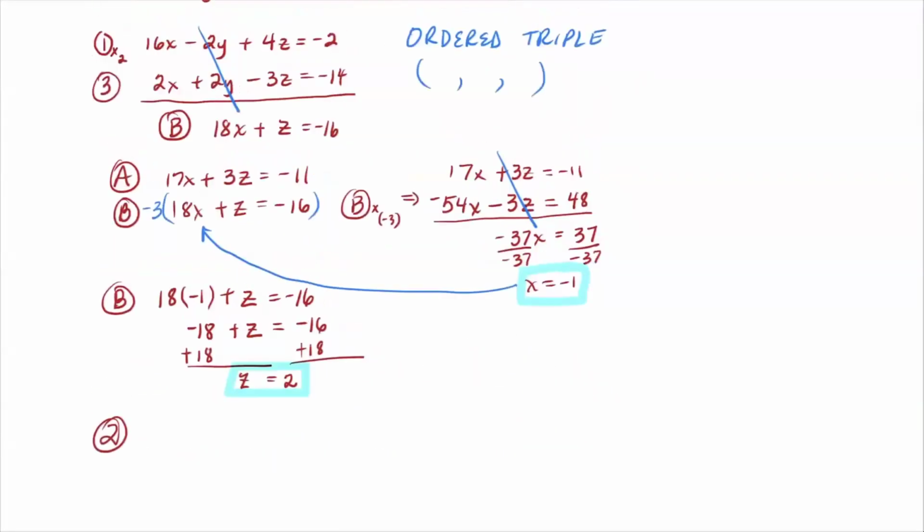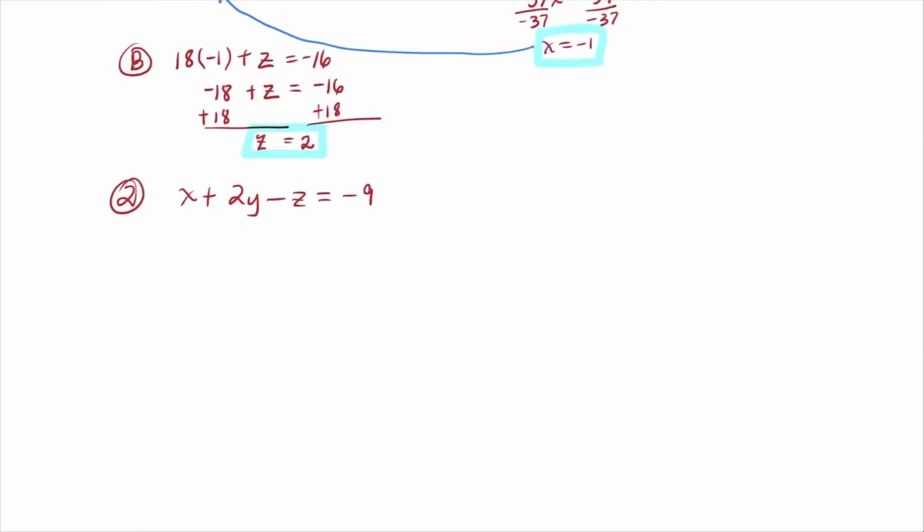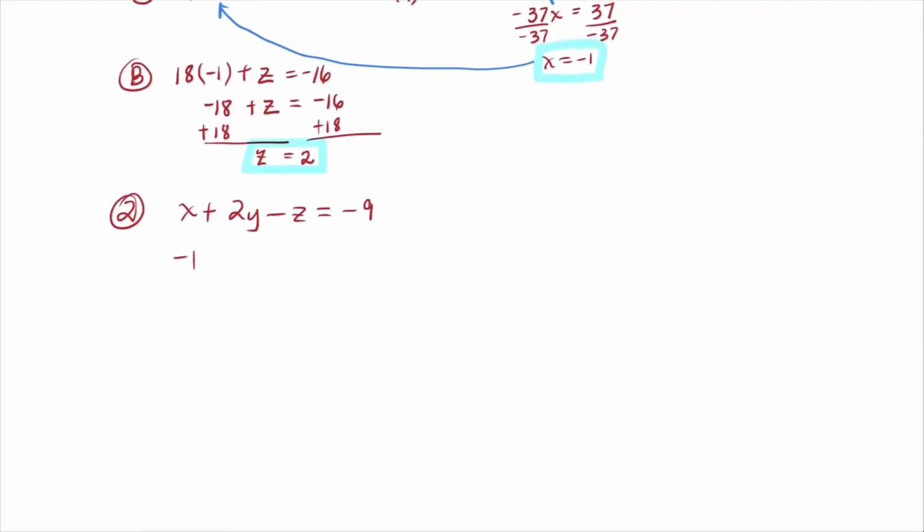Equation 2 says x plus 2y minus z equals negative 9. So I'm going to replace x with negative 1, z with 2, and solve for y.